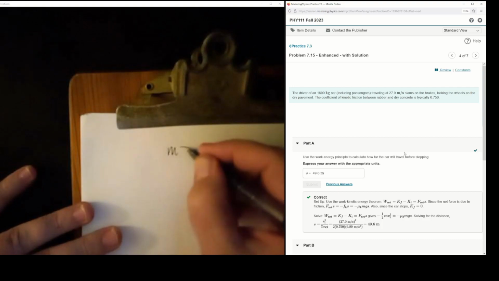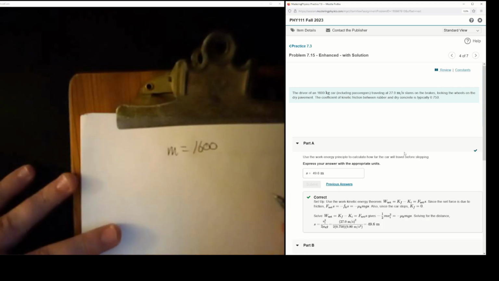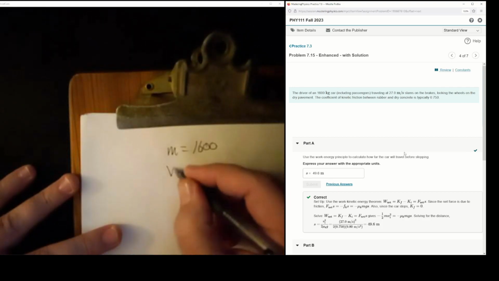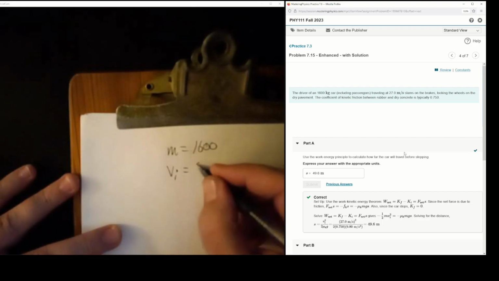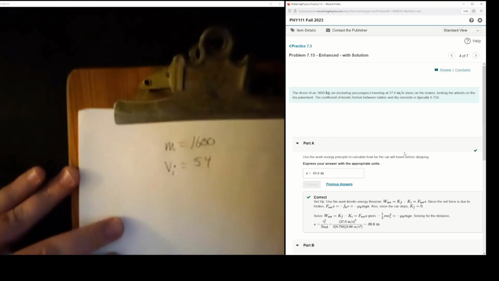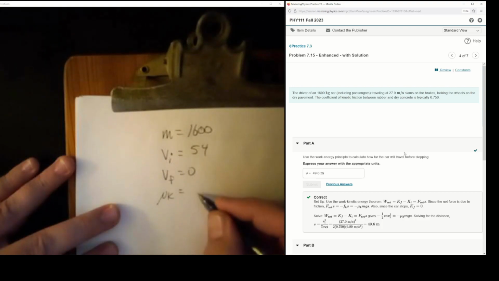How far would the car travel if we were going twice as fast? Okay, so our new picture is the mass is still the same, but now it's traveling twice as fast. So instead of 27, it's 54. It still stops, and we still have our friction.